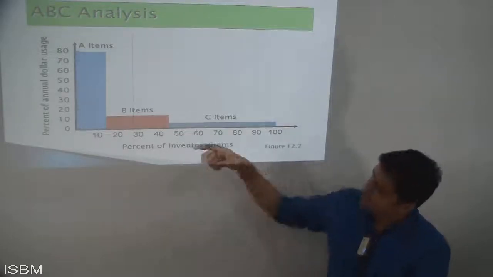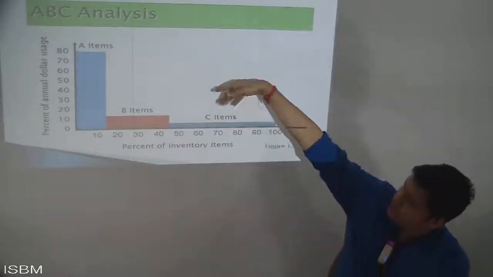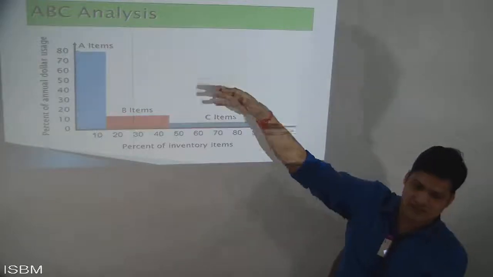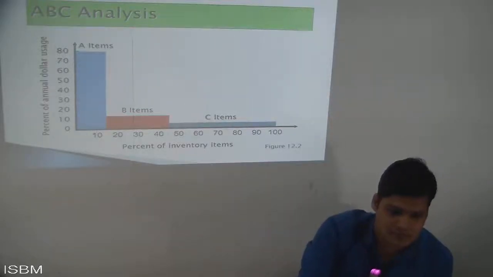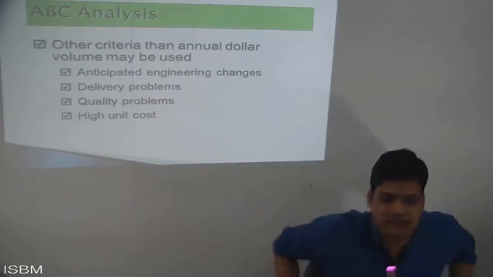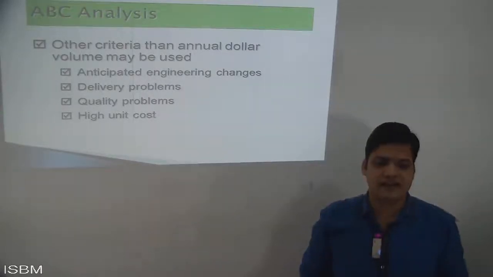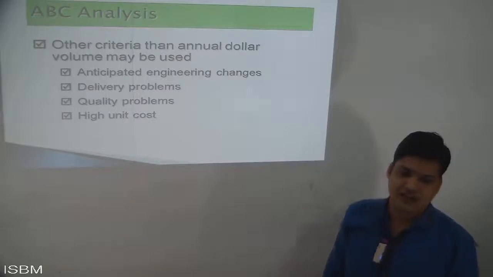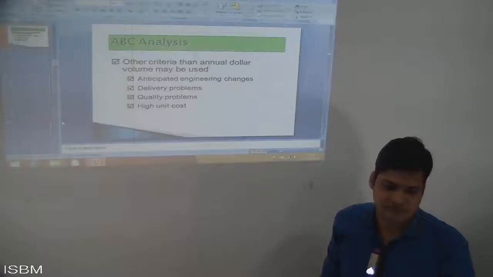Percentage of inventory items and percentage of annual dollar usage. How much dollar we have used for these particular products. Other criteria that annual dollar volume may be used: anticipated engineering changes, delivery problems, quantity problems, and high unit cost.